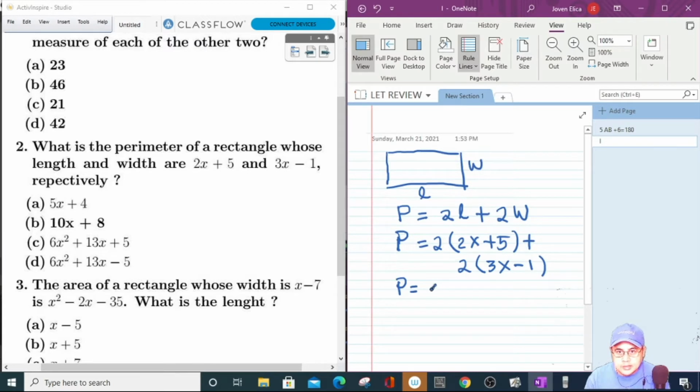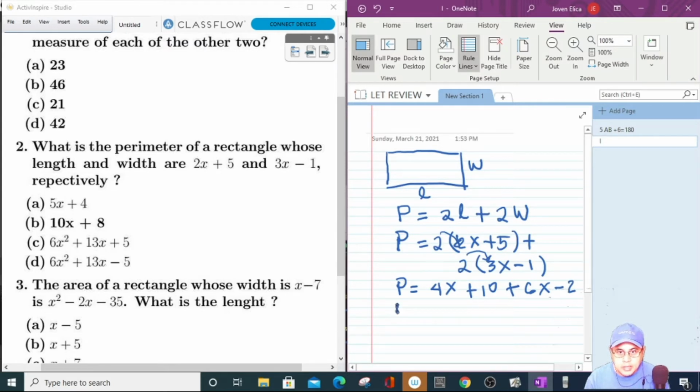This is 4x plus 10, plus distribute, this is 6x minus 2.